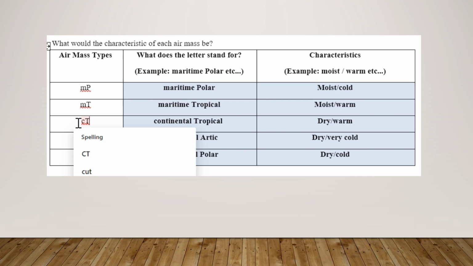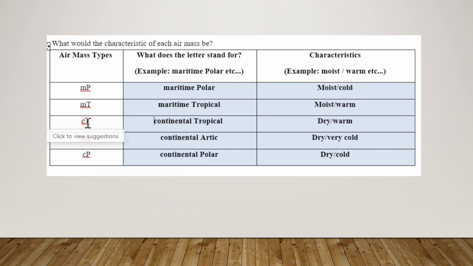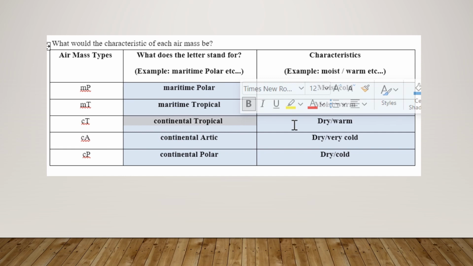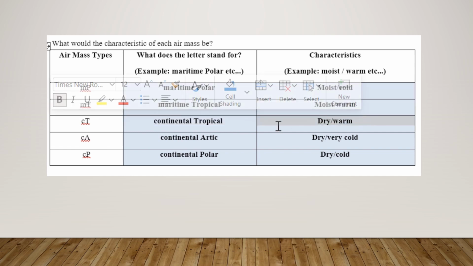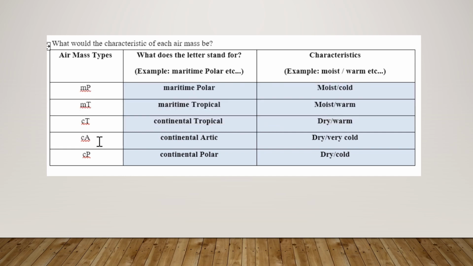Our CT is going to be continental. Okay, that means it's going to be dry. And tropical, that means it's going to be warm. So our continental tropical, it's going to be dry and warm. Okay, our CA. Our C, again, stands for continental, which is dry, and Arctic is the A, which means it's going to be very cold.